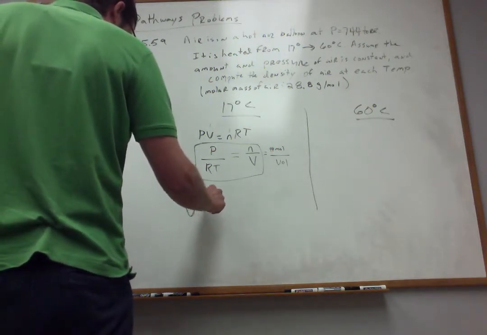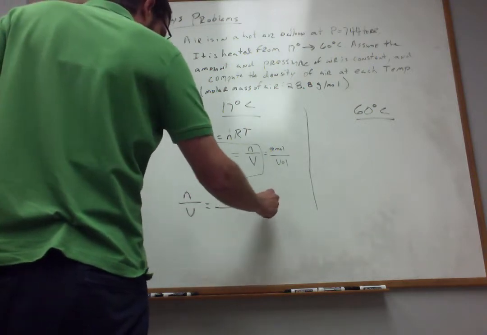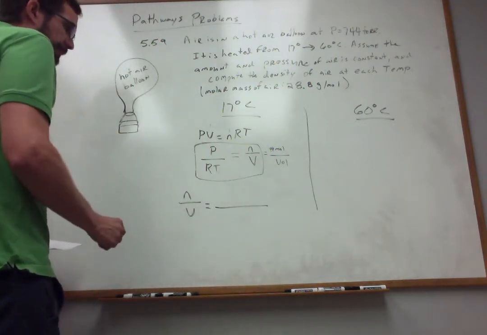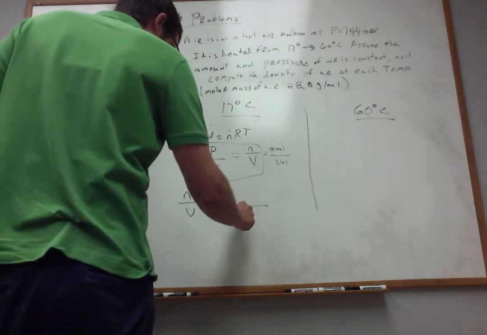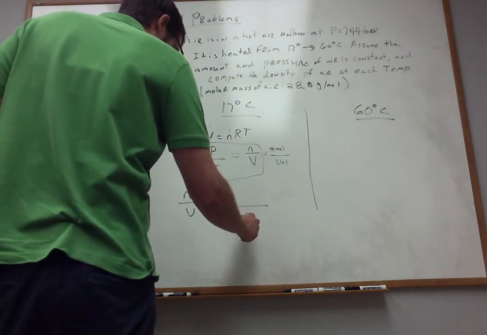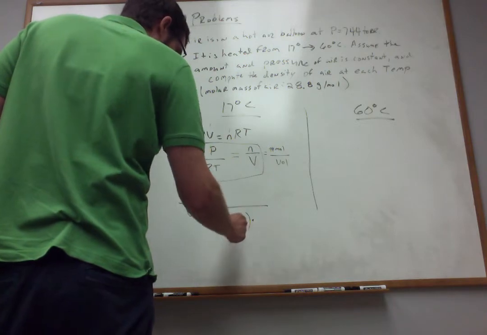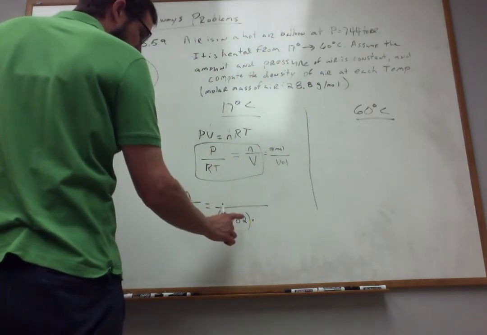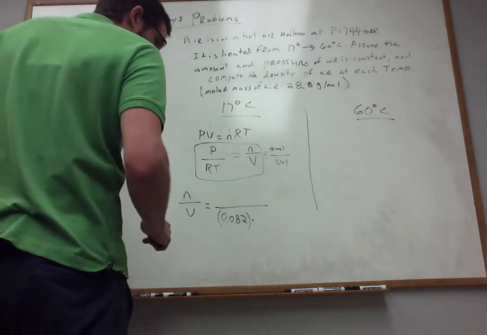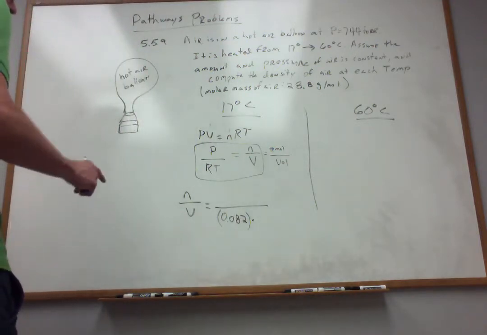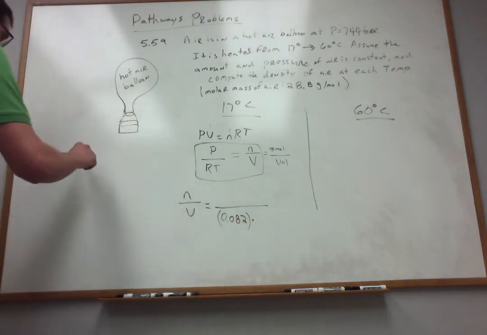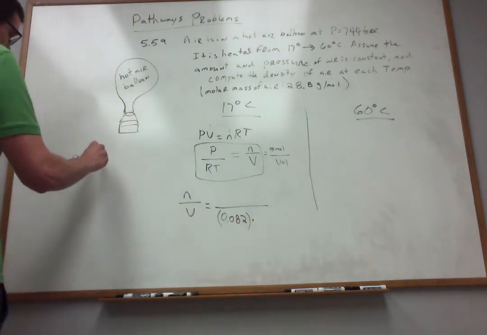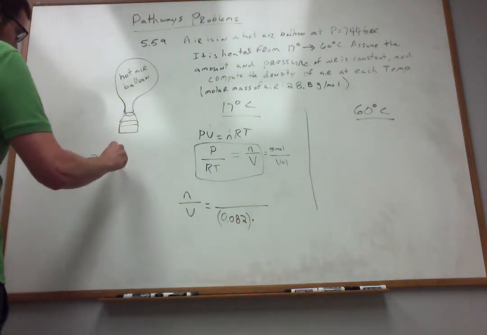n over V is equal to P divided by RT. I'm going to use an R value of 0.082 as I characteristically do, but I remember that if I do that, I need to use liters for volume and atmospheres for pressure units. Now in the problem, I was told P is equal to 744 torr.